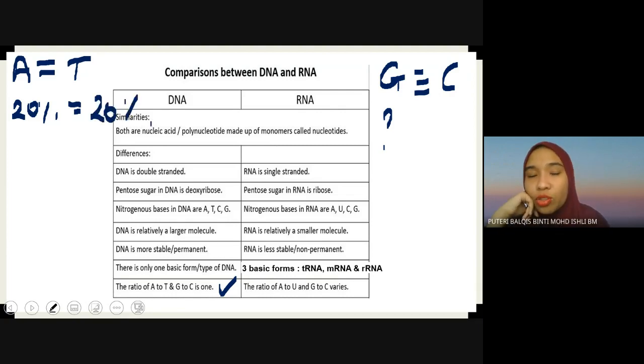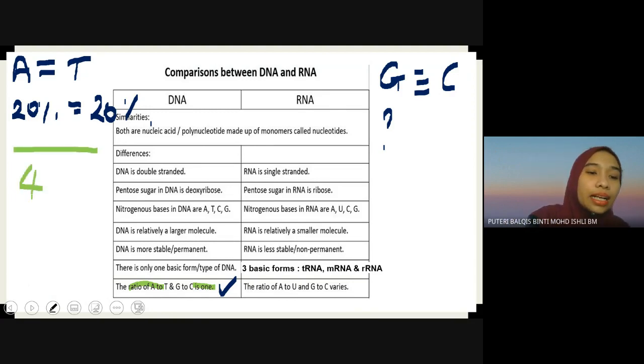T pun mestilah kena 20. Okay. So bila soalan tu tanya A ada 20, berapakah bilangan untuk G? So awak tahu A 20. T mestilah kena 20 sebab ratio dia adalah 1. Maksudnya amount of A kena sama dengan amount of T. So total A dengan T sekarang ni adalah 40%.